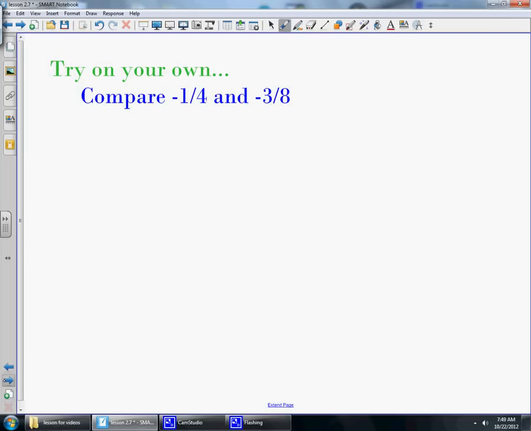Why don't you pause the video and try this problem on your own. Okay, welcome back. Let's see how you did. Again, we're going to find a common denominator. We have 4 and 8, and the least common denominator between those two is 8. The second fraction we're not going to have to do anything to because it already has 8 for a denominator. This fraction we're going to multiply the numerator and denominator by 2.